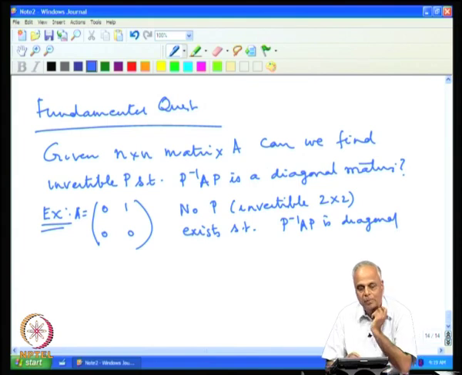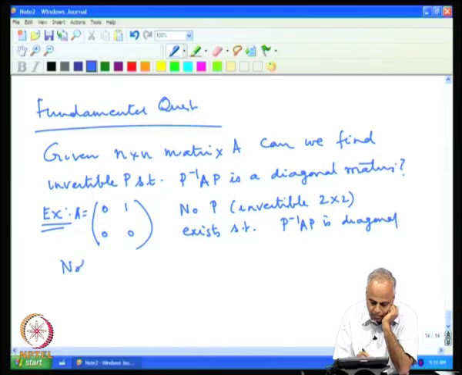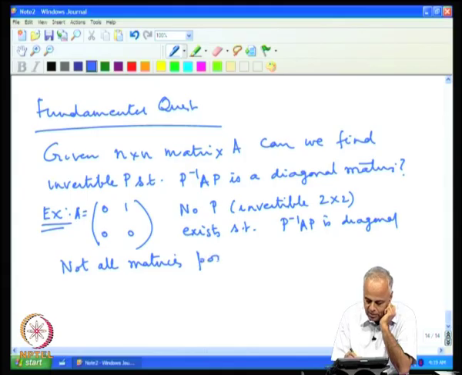And therefore, we are into certain difficulties, that not all matrices possess this diagonalization property.